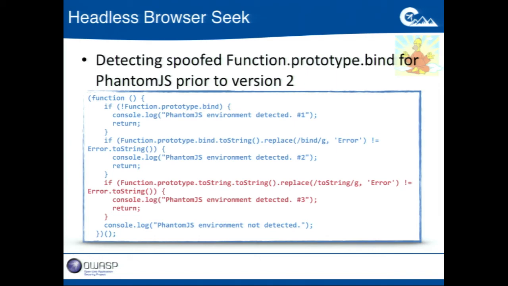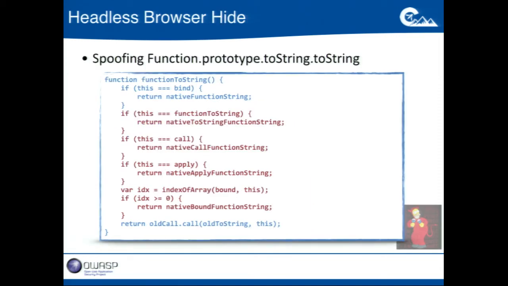No, not really, because the detector can delete Function.prototype.toString, and the original toString will be revealed. So we have to go back to the toString code and make a separate case for toString itself. If this equals bind, you return a native string. Now we have to say if it is also toString, then you return a native string as well.